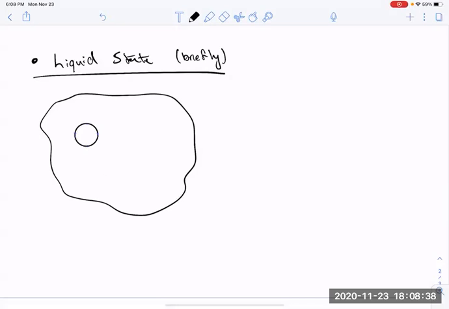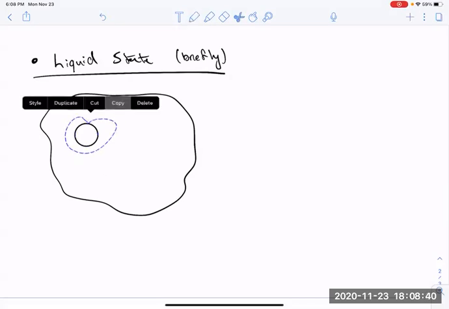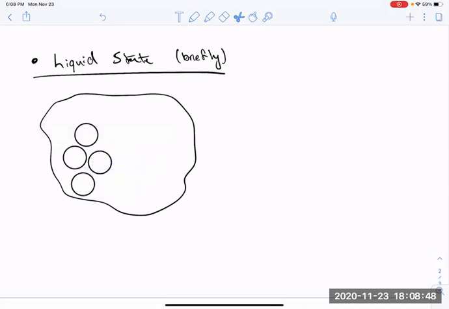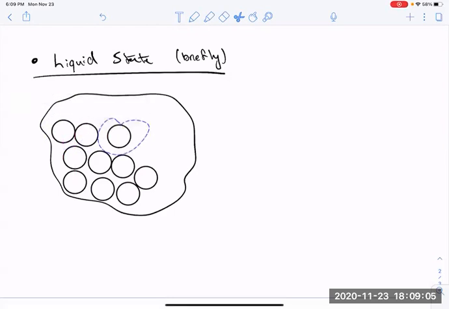I would see, say, for a very simple liquid that has no internal structure, a packing of something like spheres, maybe like so.